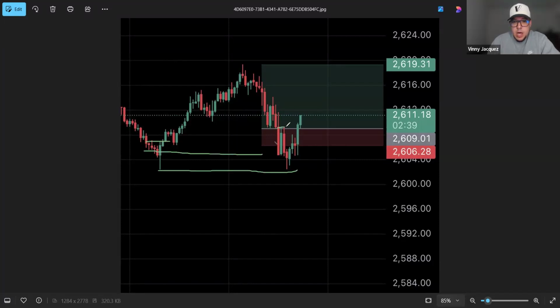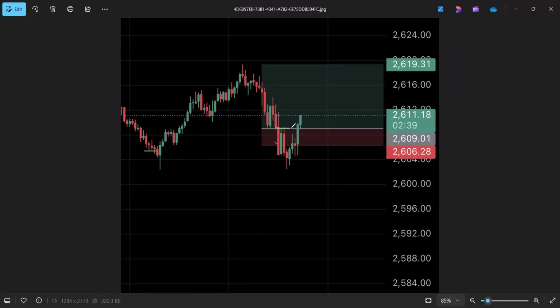But again, I don't want to buy on the breakout just because we broke out here. I mean, you can take a break and retest. If you waited for the market to come back and retest it, then yes. But let's just say the market broke out, I'm not buying because the market broke out. I want it to at least come back and retest the shoulder, or the starting point right here.